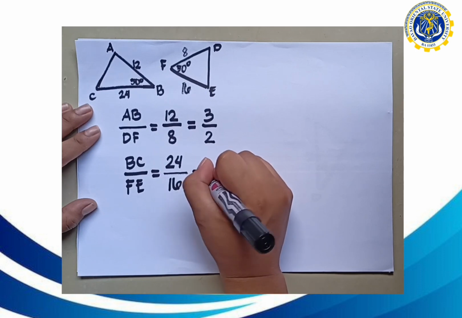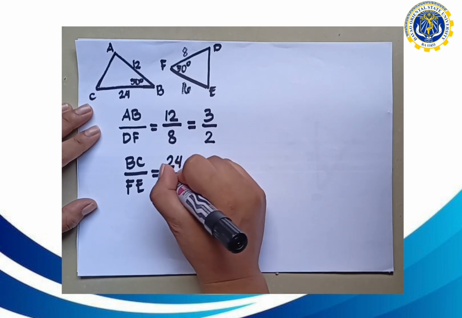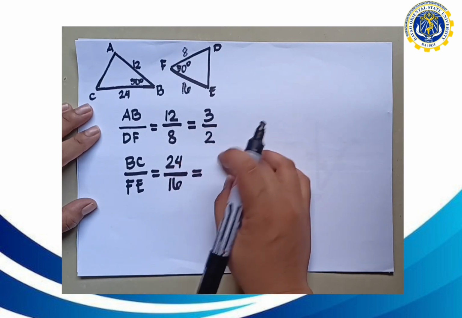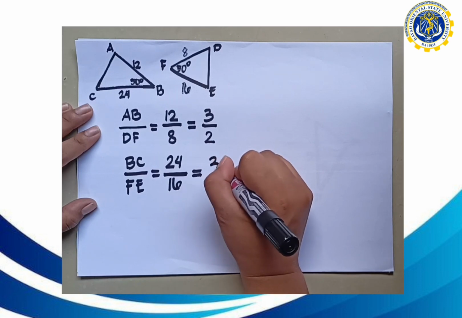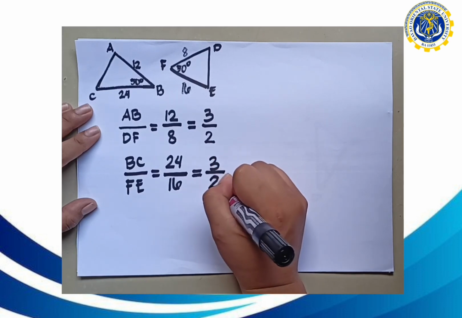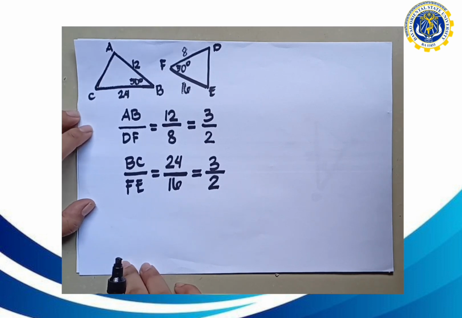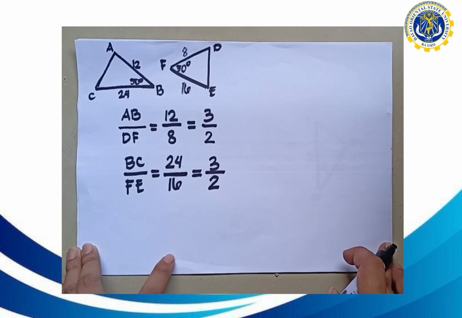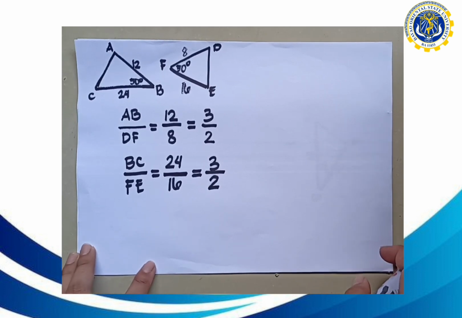Then reduce these numbers, and the answer is 3 over 2. So, since the ratios are the same, triangle ABC and triangle DFE are similar by the SAS similarity theorem. So, we have the second example for the SAS similarity theorem.